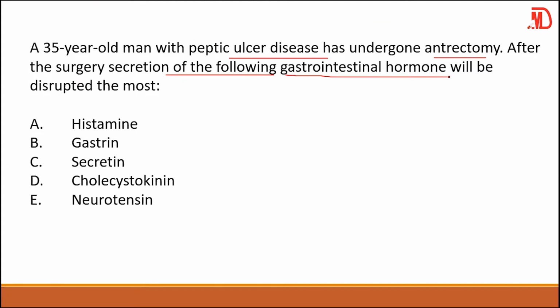You are literally removing the part that is responsible for the production of what we call gastrin. Gastrin, or gastric juice, as many of you would like to call it. So that place will be affected. Over here, your answer is gastrin. All right.